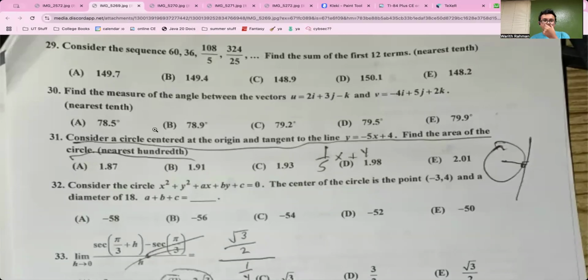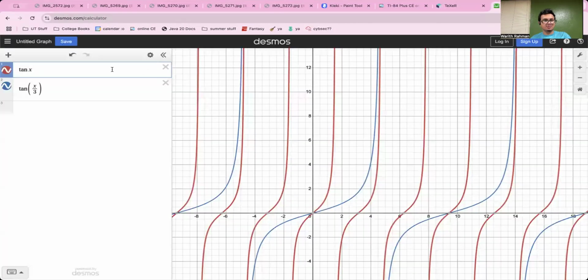Okay. Consider a circle centered at the origin and tangent to the line y equals -5x plus 4. Find the area of the circle. Oh, this is an interesting problem. I'm not sure if I'll be able to do this one. Okay, -5x plus 4. Is that what they said?